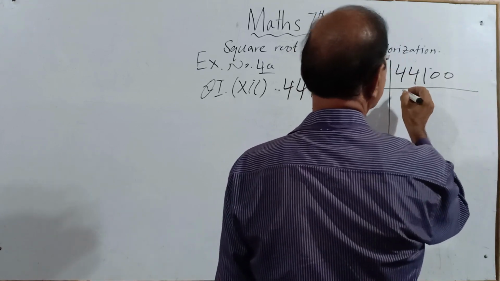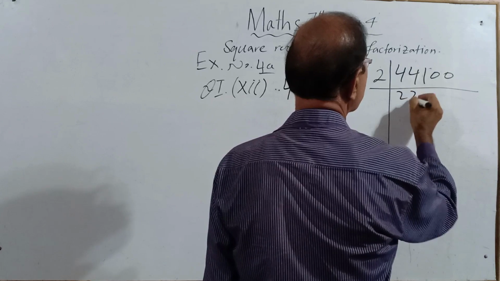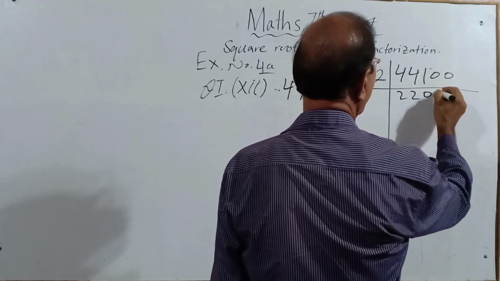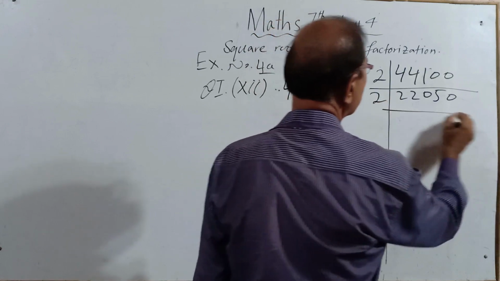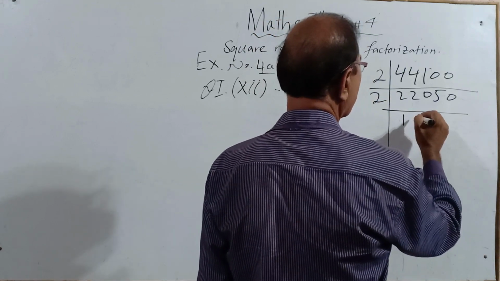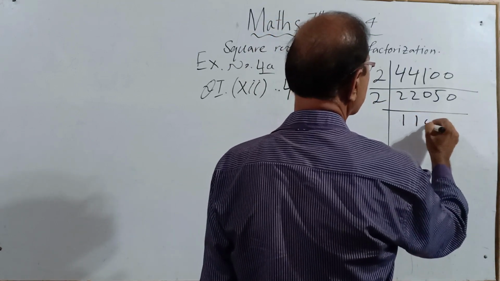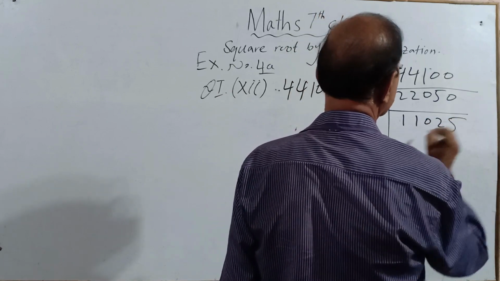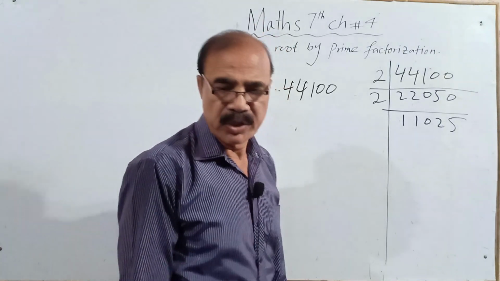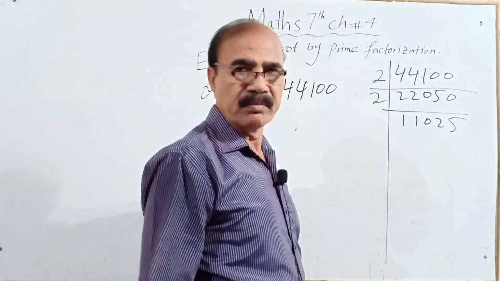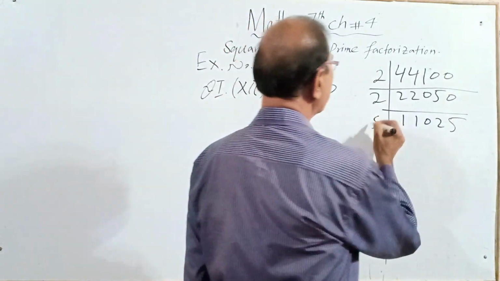Divided by 2, 22050. Then again you have to divide by 2, 11025. Now you have to divide by 3 or 5. 5 divided by 5.